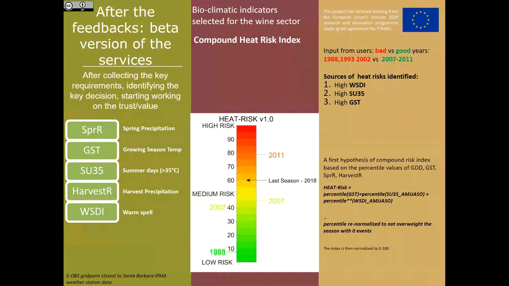During the workshop and during the internal interaction in Sogrape, we understood that these 5 bioclimatic indicators are the most relevant for them, and also, most importantly, something that they are already using and adopting for monitoring the situation over the region, something well known to them, and that they can better extrapolate for the future.